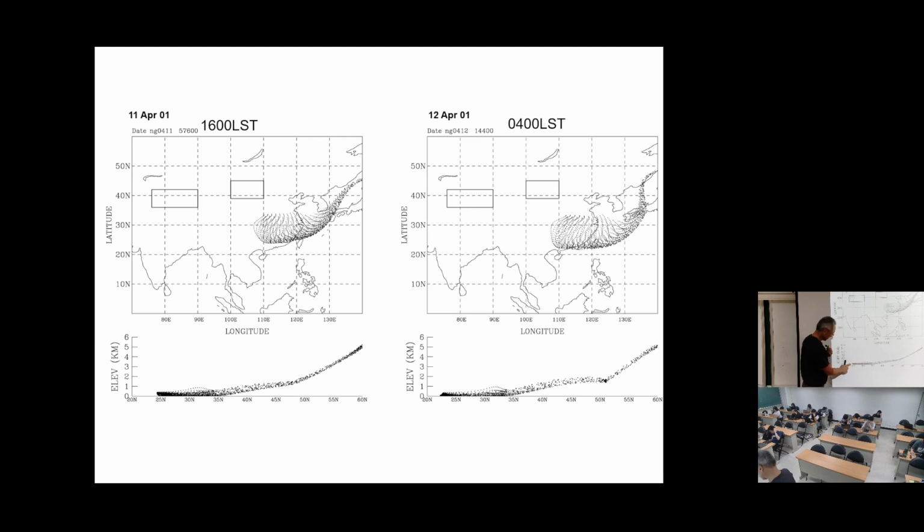So you see here, the front is very much like the frontal structure you see in a satellite cloud image. This is the wind you have learned from your courses. Very beautiful. Approaching Taiwan, it is confined to very low altitude. Then 12 hours later, it goes to here, to Hengchun.